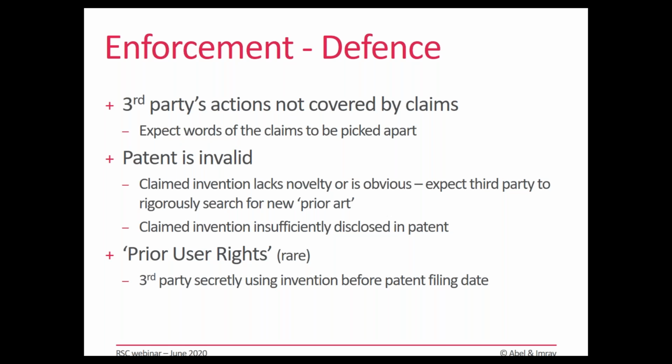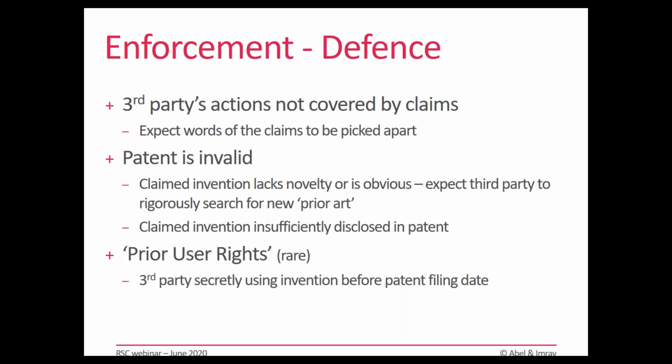The third party is also very likely to claim that your patent isn't valid. So the third party will probably do a search for new prior art. So this is prior art that wouldn't have come to light when you were prosecuting your patents. And it might be that your invention lacks novelty or isn't inventive over this prior art.